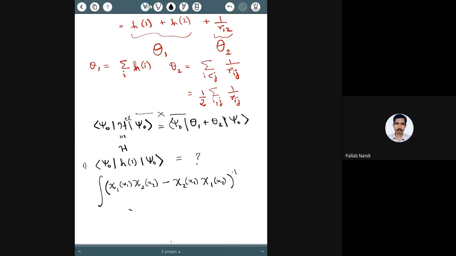So this star, then we have the operator h. When I say 1, that actually means x1, right? So it's h x1. And then we have again the same wave function, chi1 x1 chi2 x2 minus chi2 x1 chi1 x2, integrated over dx1 dx2.